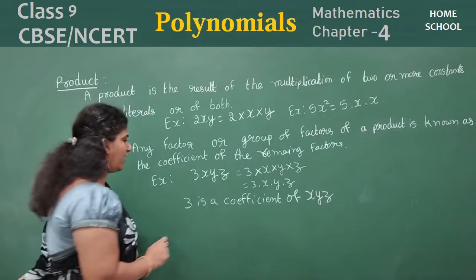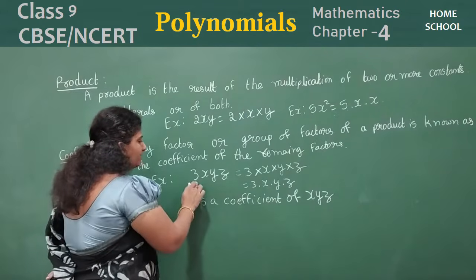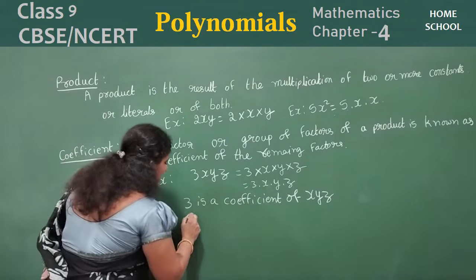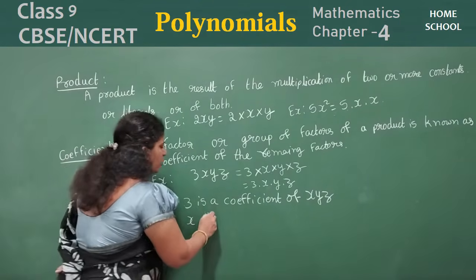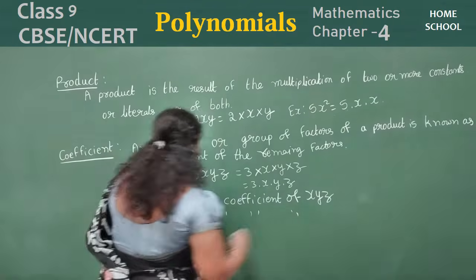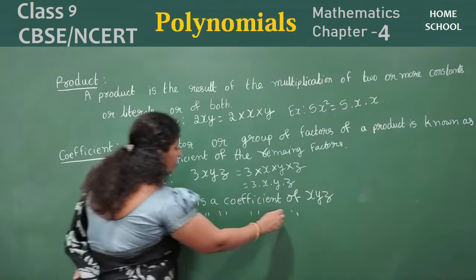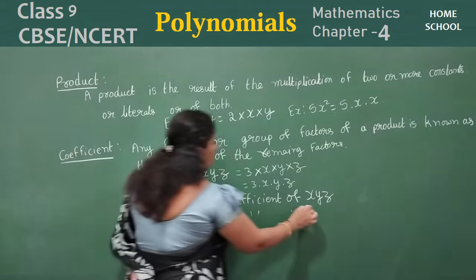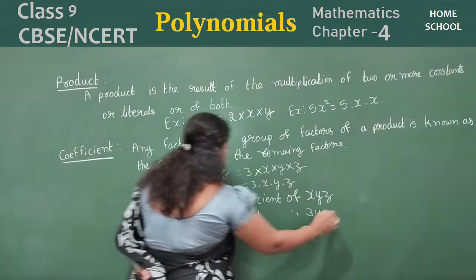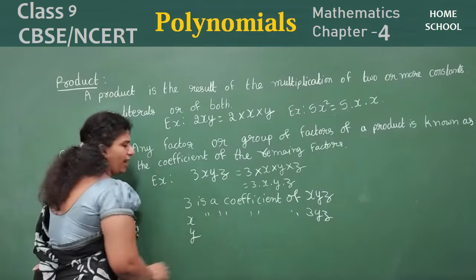Okay, so now the next one. Only 3 is the numerical coefficient. If I ask you about x, other than x, the remaining are all the same, children, observe here. x is a coefficient of, other than x, 3yz. Similarly, y.